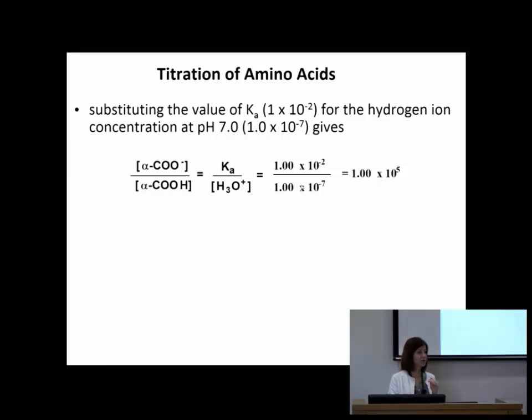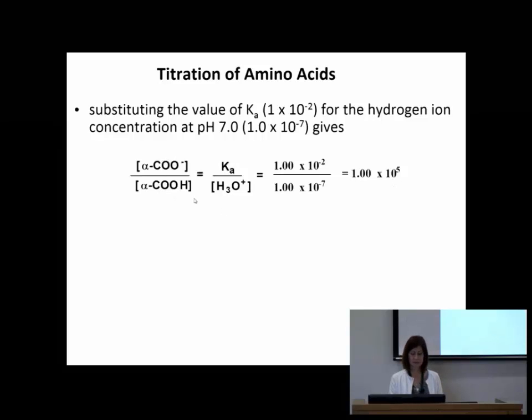Nothing new here. So here, pH 7 gives a hydronium ion concentration of 1 times 10 to the minus 7. By doing this math, we can see that there's a ratio of 1 times 10 to the 5th to 1 of base to acid. That means we have 10,000 times more base than we do acid.